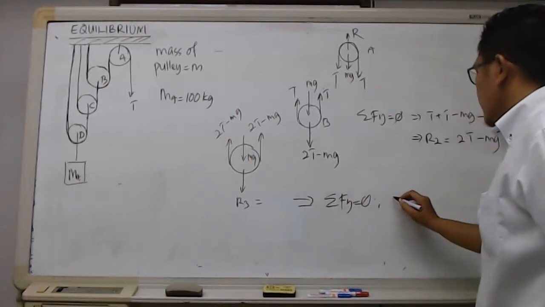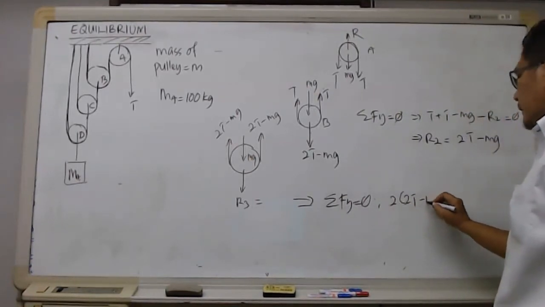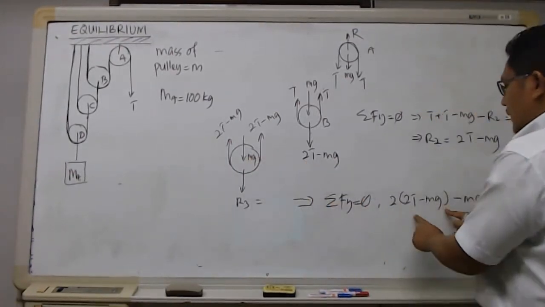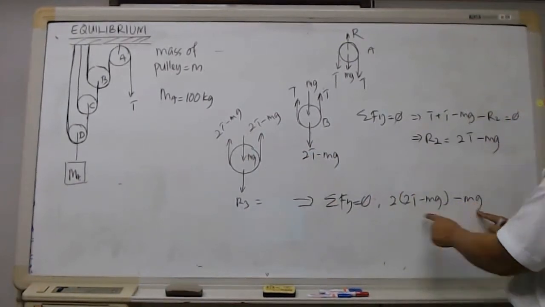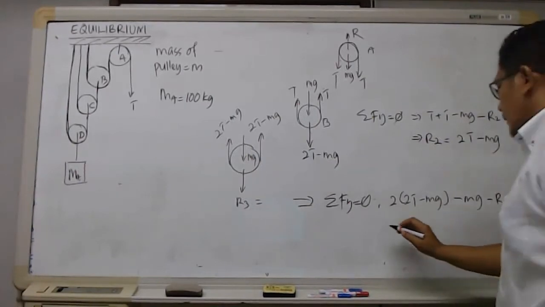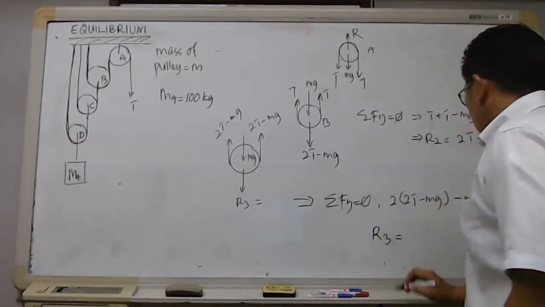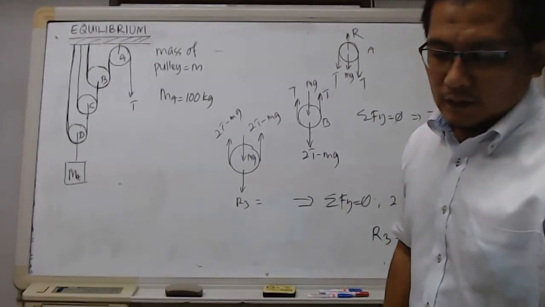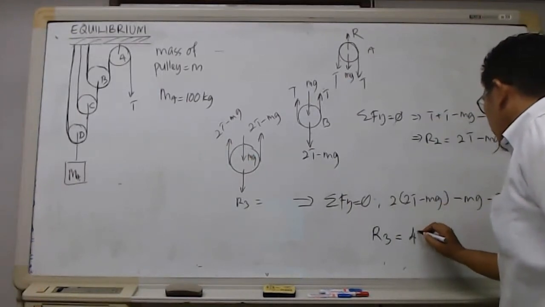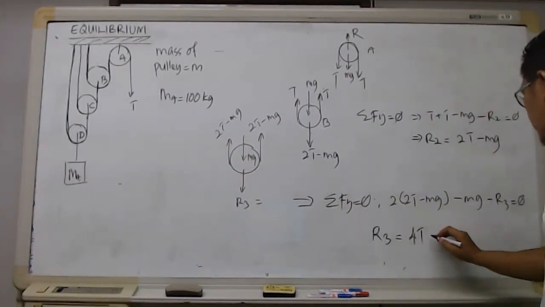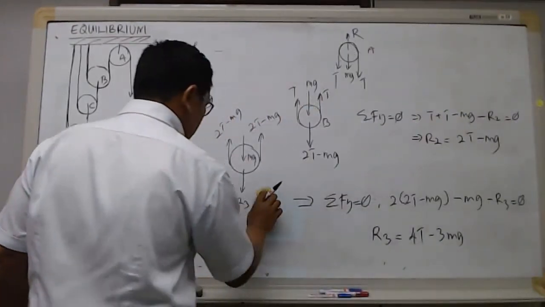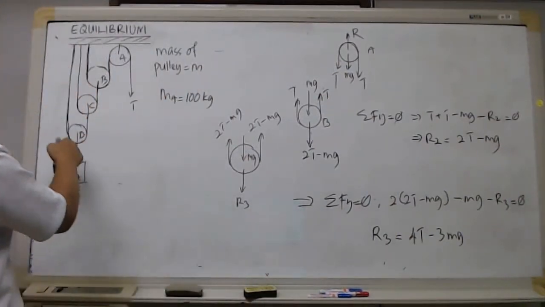Then you get 2 times 2T minus mg, minus mg, this one. We have 2 of this one, minus R3 is equal to 0. Then R3 is equal to 4T minus 3mg. Yeah? Okay.